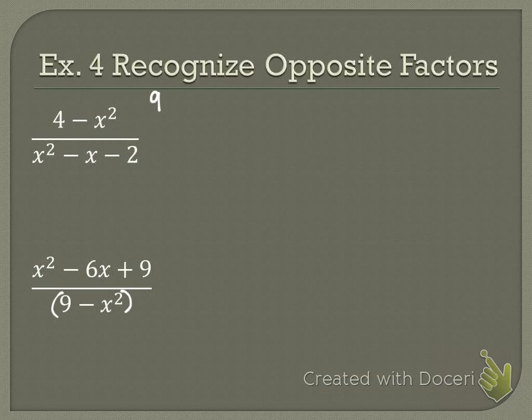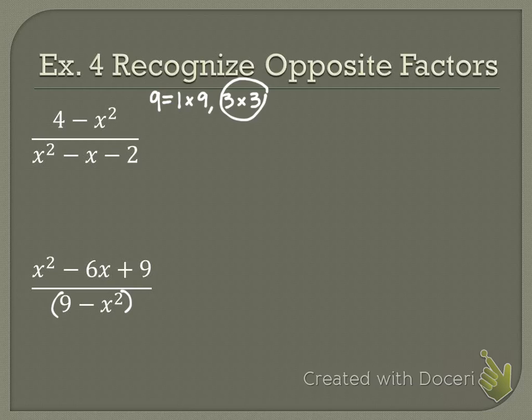So I go ahead and I write the factors of 9. 1 times 9 and 3 times 3. Which ones are going to add, because 9 is a positive, to give me 6? 3 and 3. So I'm going to use 3 and 3.